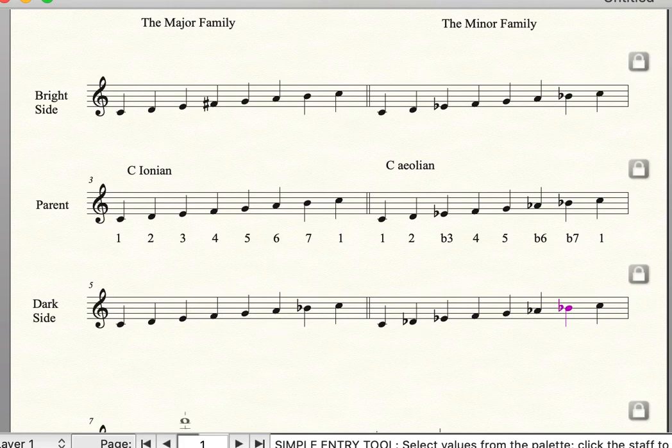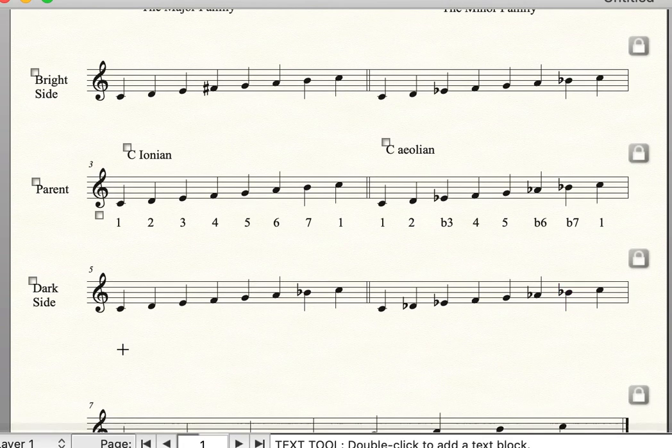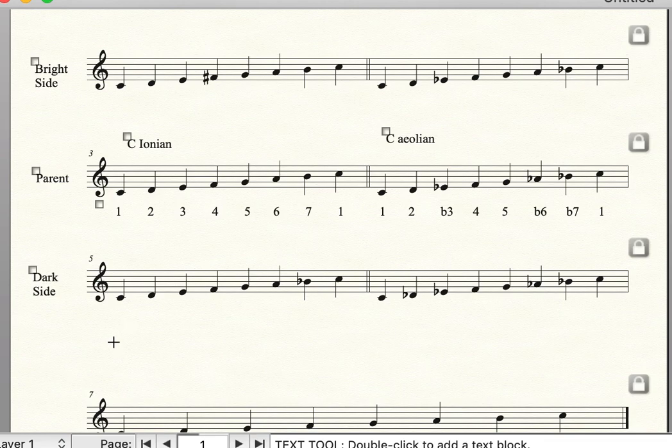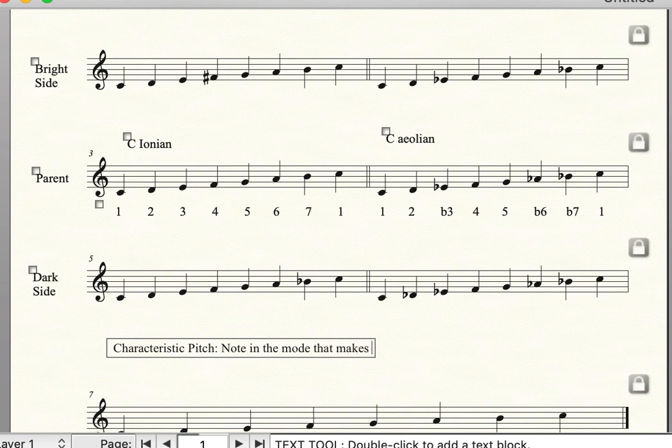So when we talk about modes, one of the useful things to think about is what we call the characteristic pitch. The characteristic pitch is the note in the mode that makes it unique.